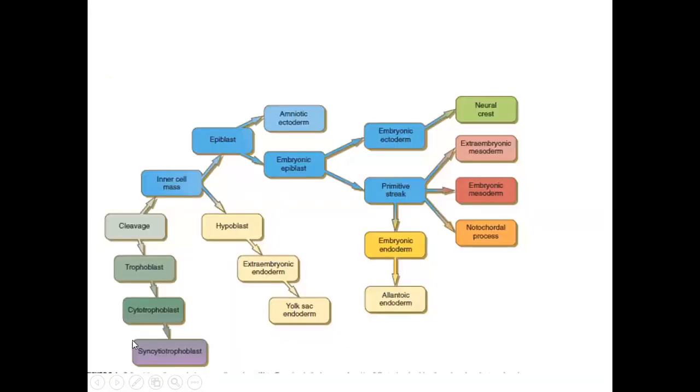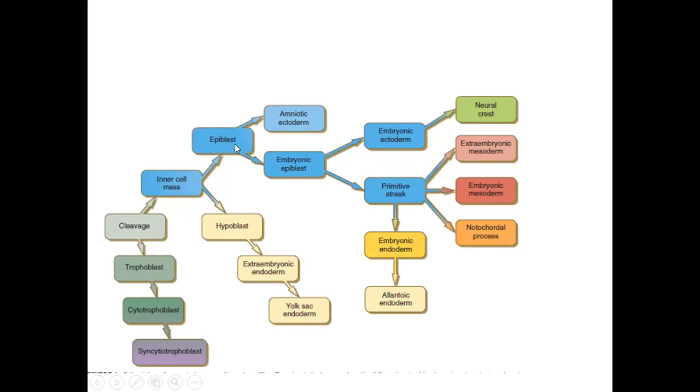So finally, this is the summary. After the morula, it will undergo cleavage, that is, mitotic division. Then under compaction, it divides into the outer cell mass, that is the trophoblast, and the inner cell mass, which is the embryoblast. The outer cell mass again divides into the cytotrophoblast, which will give rise to the syncytiotrophoblast. So two cell layers are formed over here.